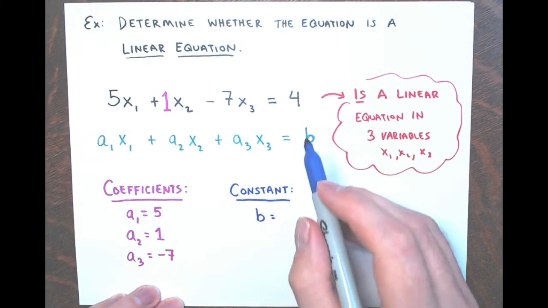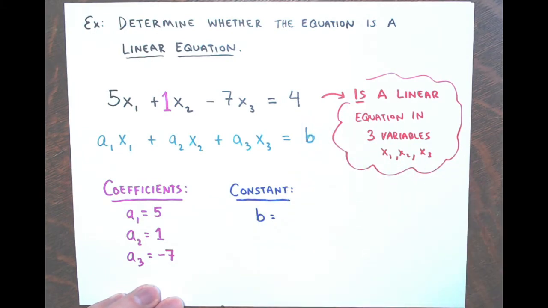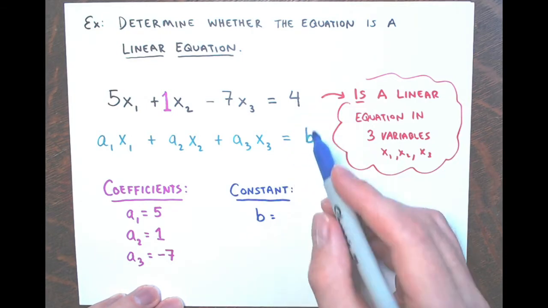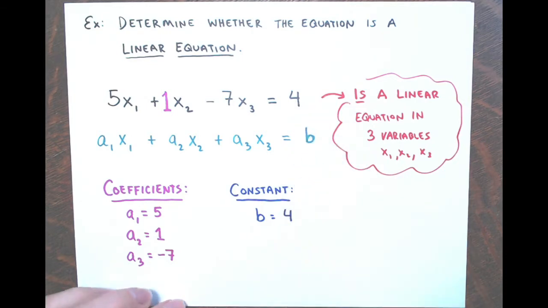That's just the term without a variable attached, and over here it's the number 4. So I've identified it as a linear equation in 3 variables. I've identified the coefficients and the constant term. Wonderful.